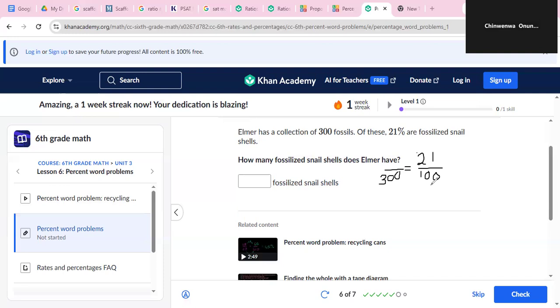So let's solve it. We're going to say going this way, 100 times 3 gives me 300. So I just got to do the same thing up here to get what I'm looking for. What part out of 300 is 21%? 21 times 3, which is 63.